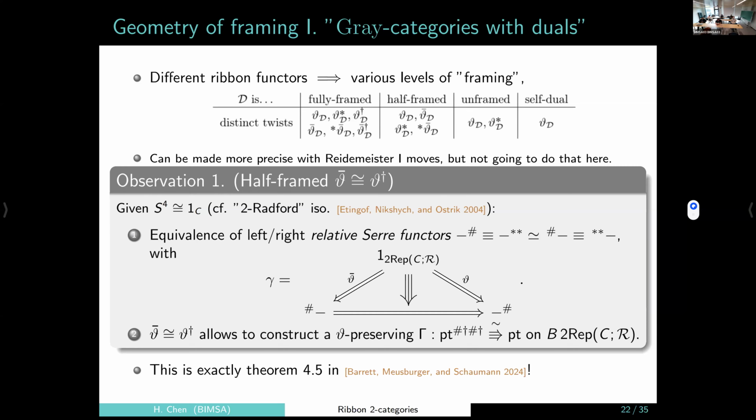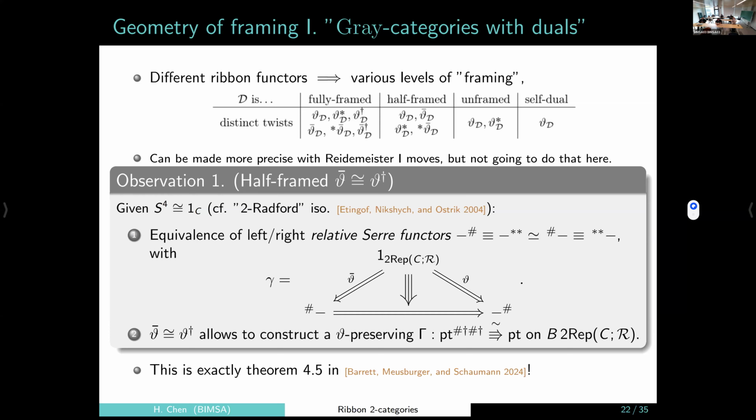So if you have different ribbon functors and you impose certain coherence conditions in between the Reidemeister one homotopies, then you're able to write down, you can essentially reduce the number of different ribbon balancing functors that you have. Distinct ones, I should say, up to isomorphism.